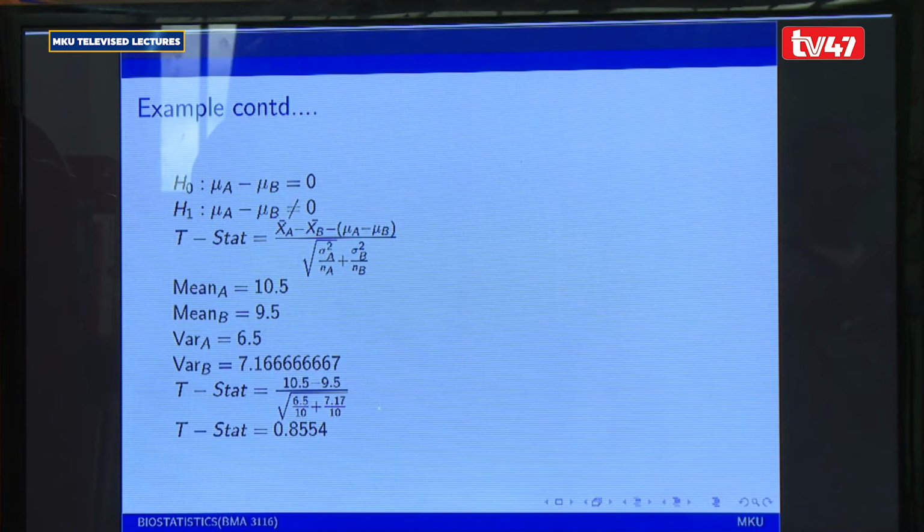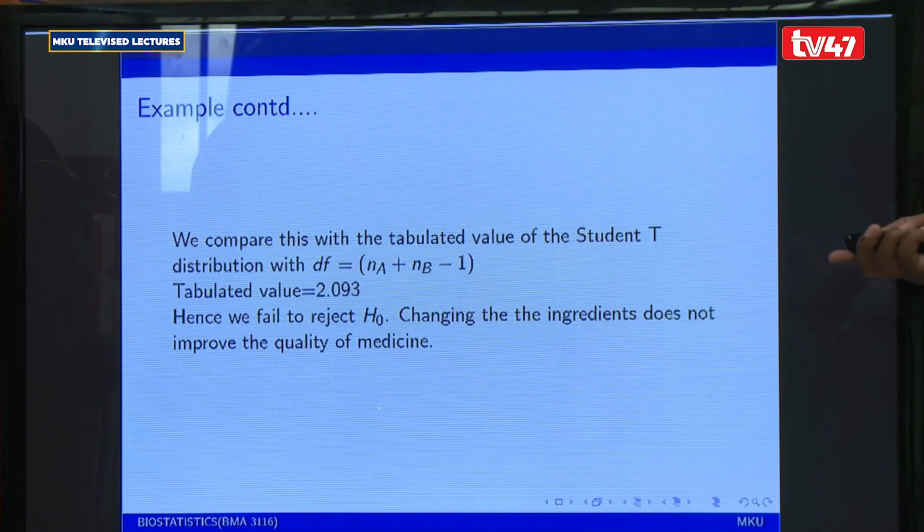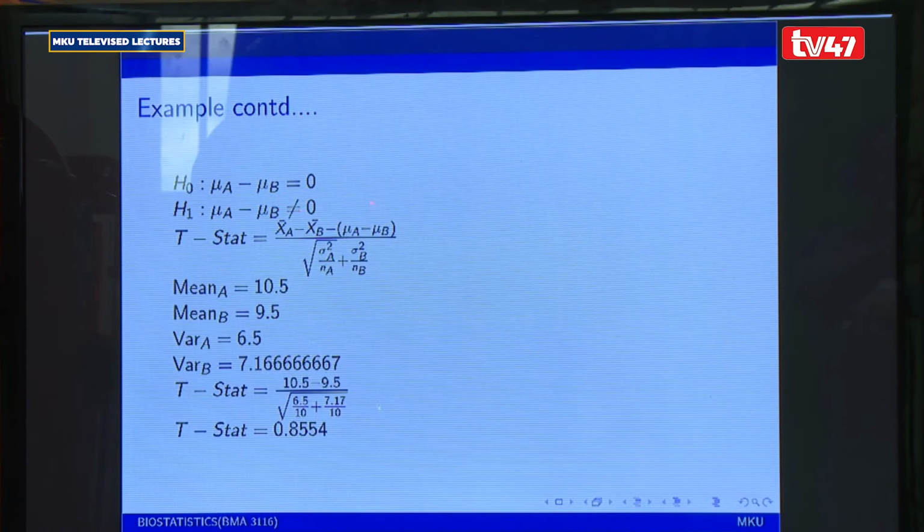If you look at H1 there, what makes this a two-tailed test is this part. If here I'm looking at not equal to, then this is a two-tailed test. If I had either greater than or less than, then I would be talking of a one-tailed test.